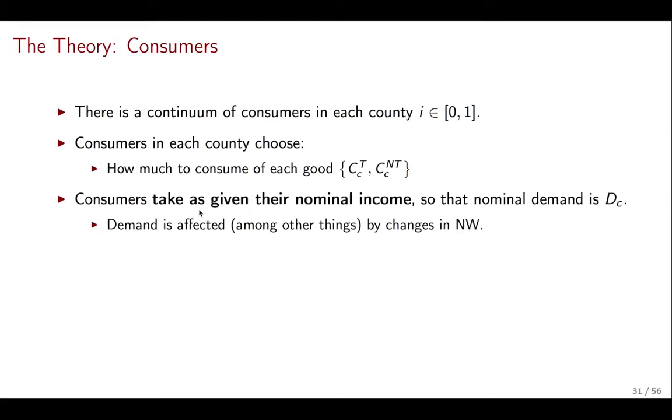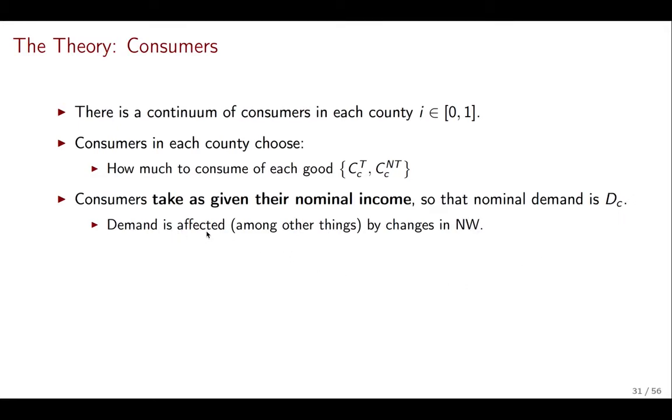Now, consumers are going to take as given their nominal income, so that nominal demand is going to be DC. This index of demand is going to be the exogenous variable in this economy. Remember, the question here is about the effect of changes in demand on employment. And so what we're going to see is what happens if this D changes.